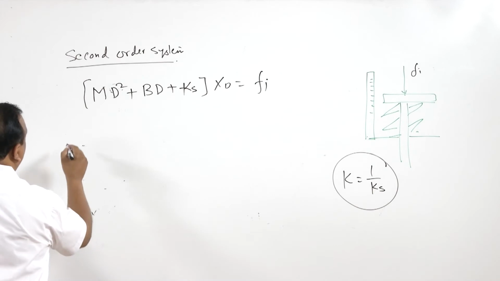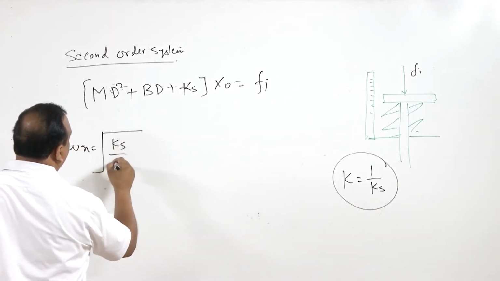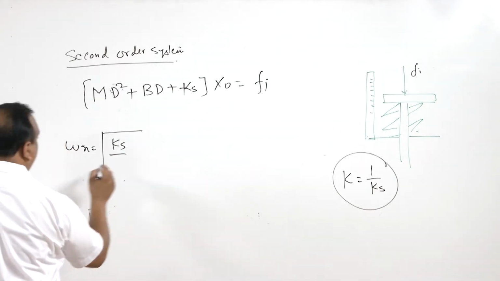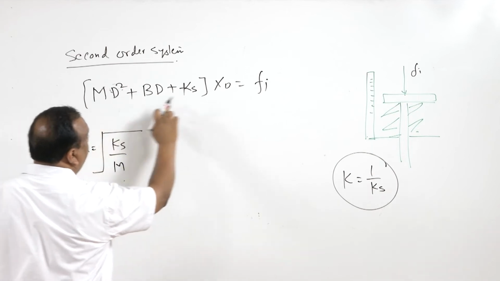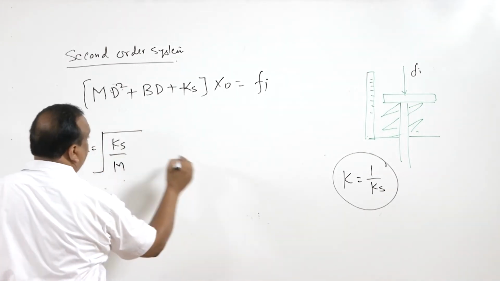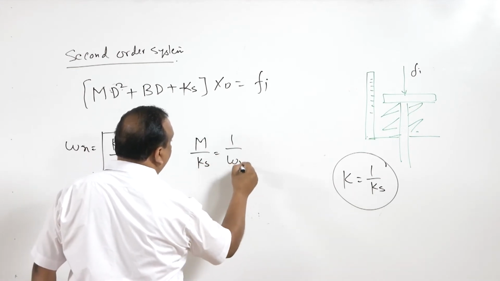And omega n, the natural frequency, is under root Ks by M. Because when the entire equation is divided by Ks, this becomes M by Ks, and M by Ks is equal to 1 by omega n squared.